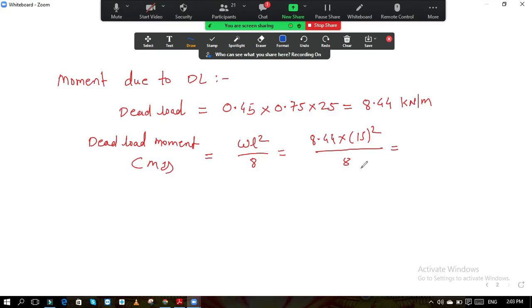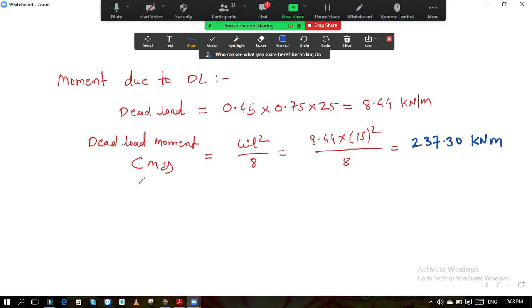It is 237.30 kilonewton meter. So this is the dead load moment.